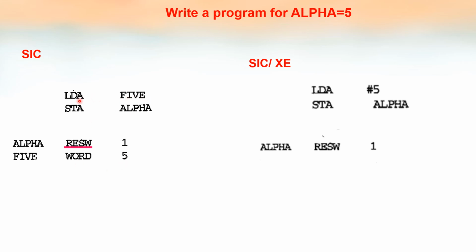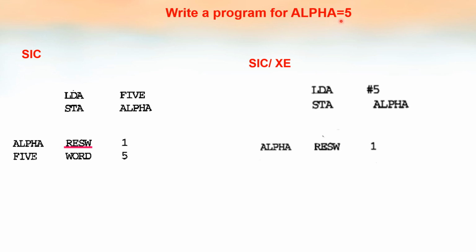So the accumulator is loaded with the value 5. Then STA alpha, which means store the accumulator content to the memory location alpha. So now the accumulator has the value 5, and that 5 is moved to alpha. What is alpha? Alpha is a memory location. So this is the SIC program for alpha equal to 5.